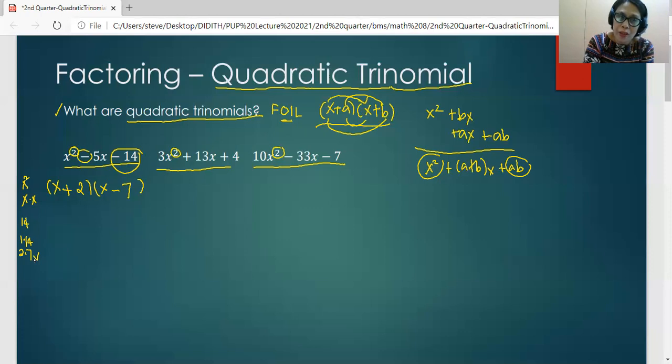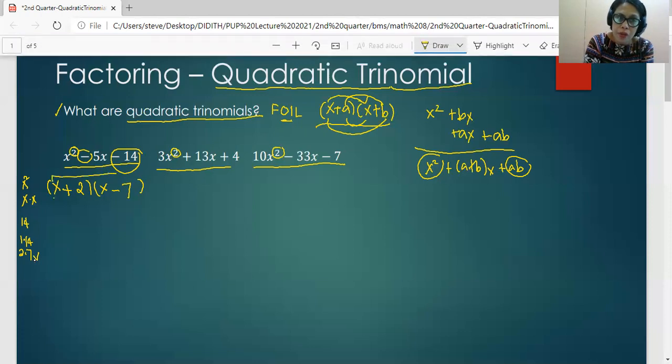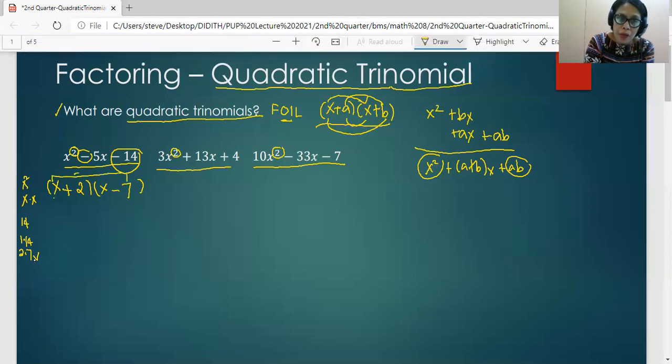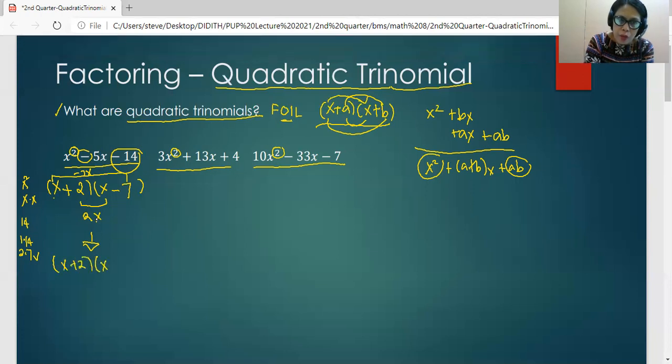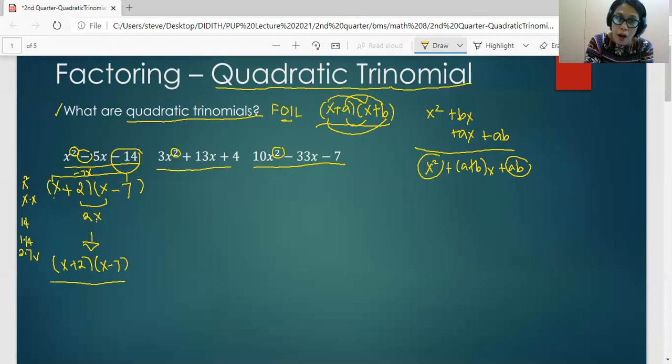By inspection, the product of the outer terms is negative 7x, and the product of the inner terms is 2x. When you add negative 7x to 2x, this results in negative 5x. So the factors of this quadratic trinomial are x plus 2 and x minus 7. That's how we work on the factors.